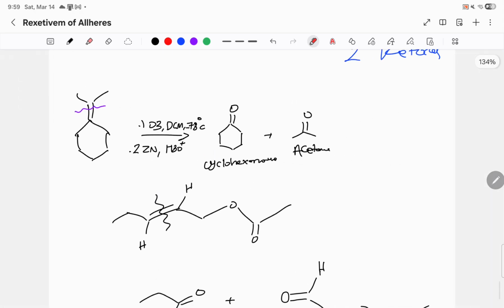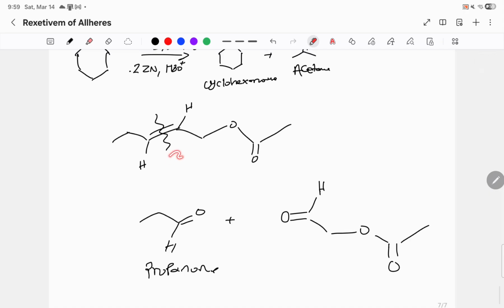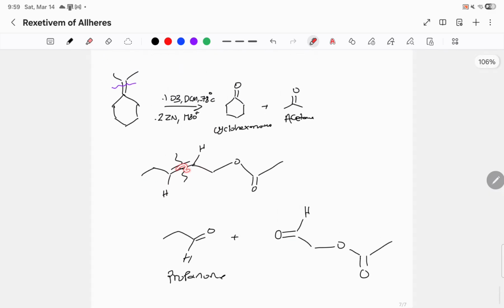But what if we only have a disubstituted alkene, okay? So it's only substituted once and twice. Well, then we have hydrogens to play with here. So in this case, when we cleave this alkene, what we're going to end up with is this fragment that has one hydrogen and this fragment that has one hydrogen on this side. So we're going to get one aldehyde and we're going to get another aldehyde, okay?